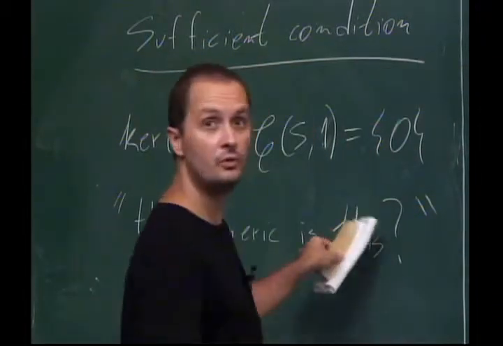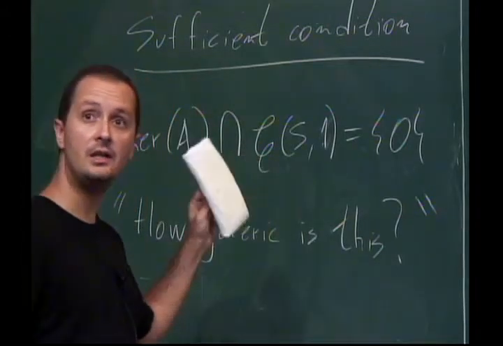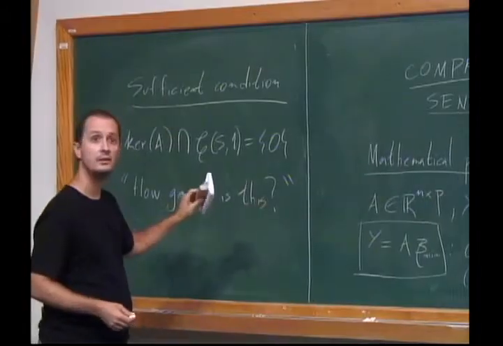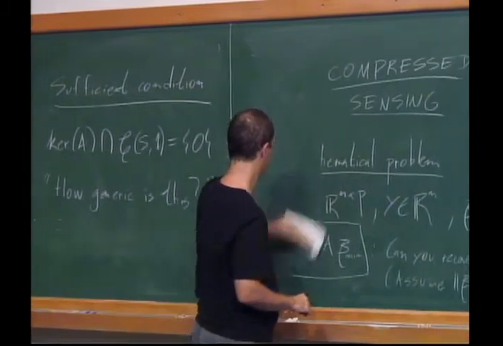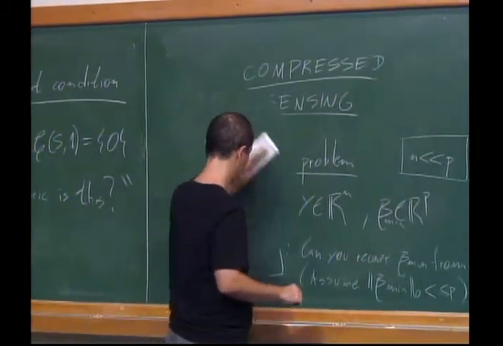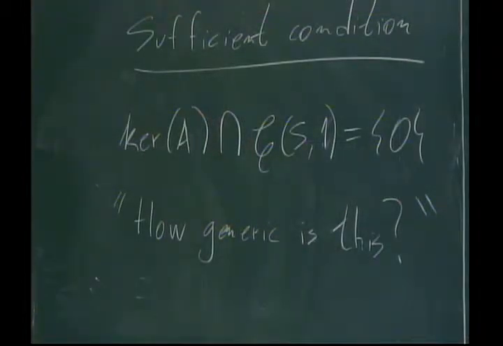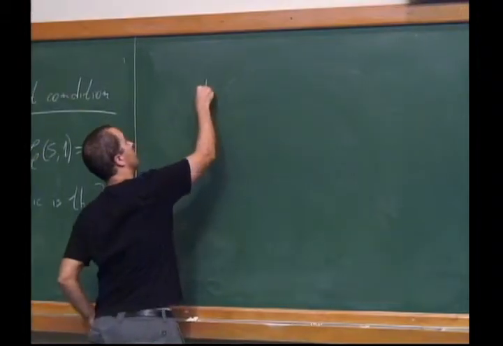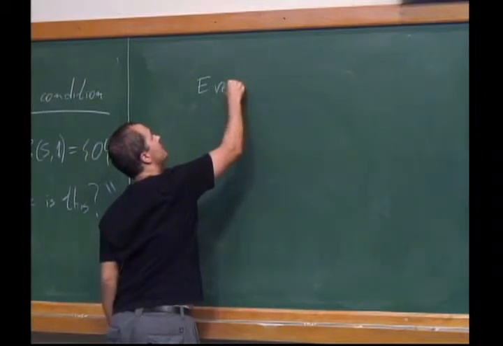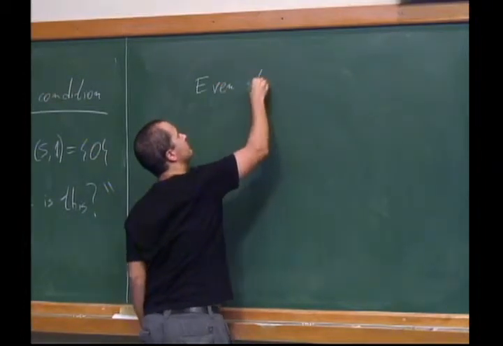We want to prove that for certain kinds of A, this is satisfied. So the first part of the plan is an even stronger condition.